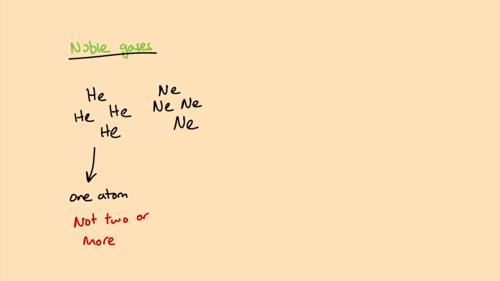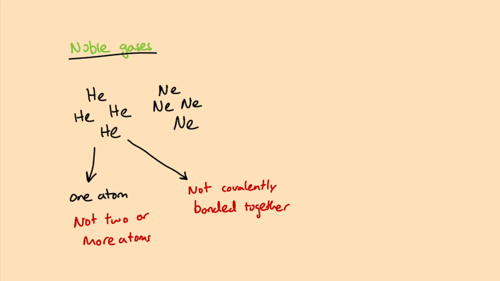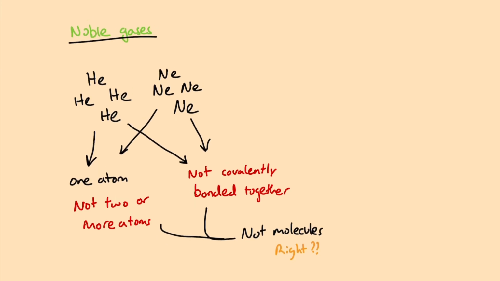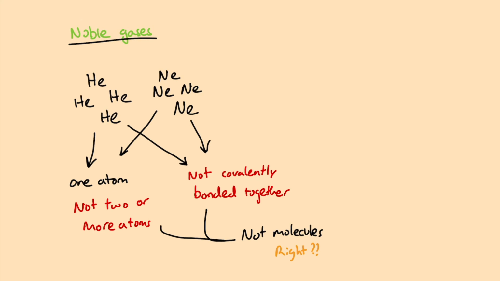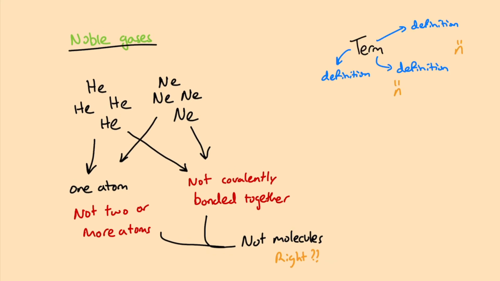Therefore, they're not made of two or more atoms, and also they're not covalently bonded together. And therefore, they don't satisfy either of them. They're not bonded together covalently, and they're not made of two or more atoms, and therefore they're not considered as molecules. And that's what you use for A-level chemistry, and that's the right thinking. That's how you should think about it.